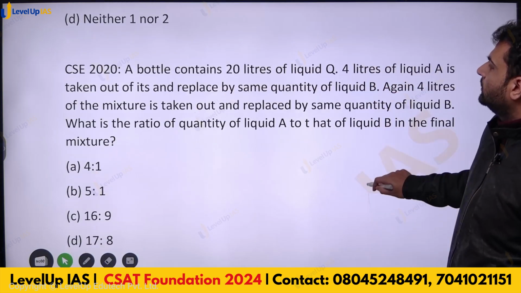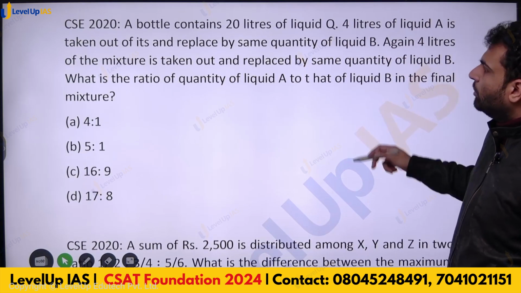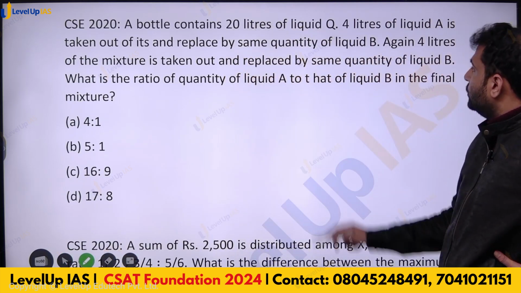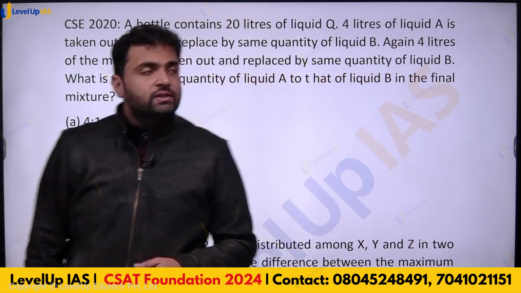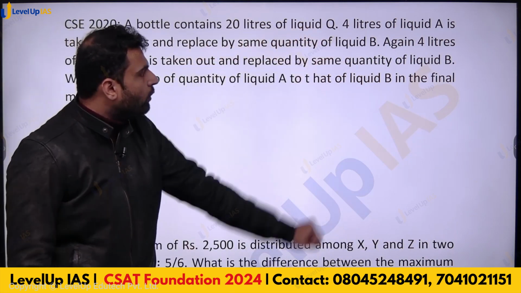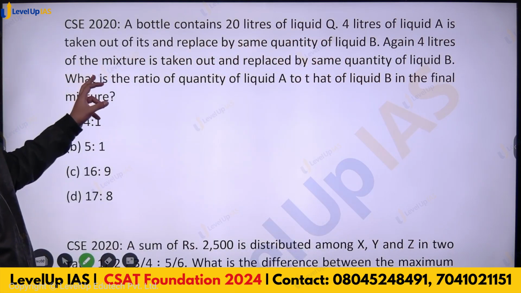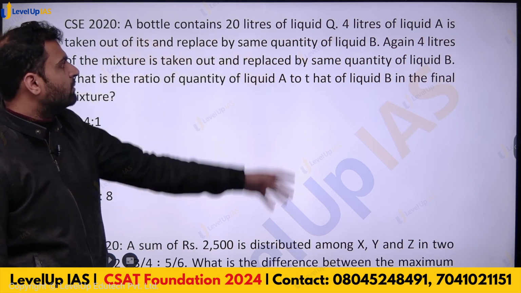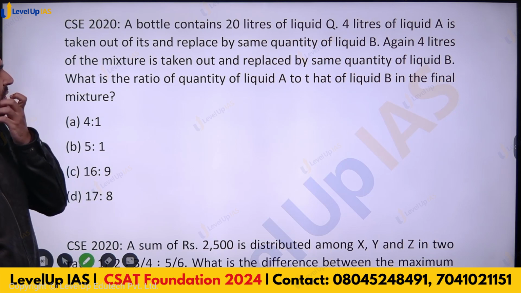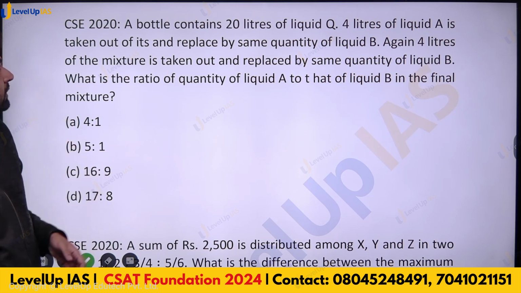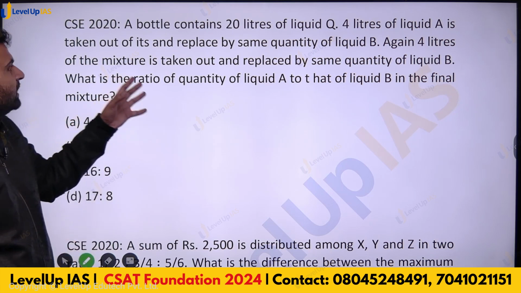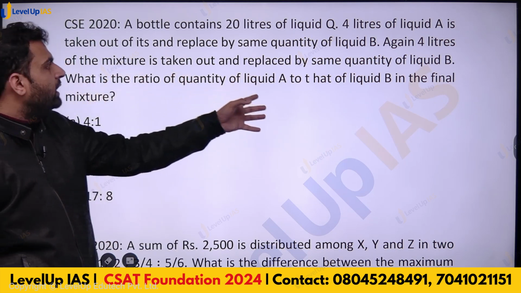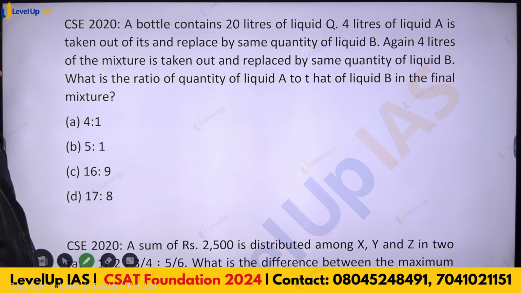Next, a bottle contains 20 liters of liquid A. So there is some liquid which is there in the bottle. Okay, 4 liters of liquid A is taken out of it and is replaced by the same quantity of liquid B. Again 4 liters of the mixture is taken out and replaced by the same quantity of B. What is the ratio of quantity of liquid A to that of liquid B in the final mixture?